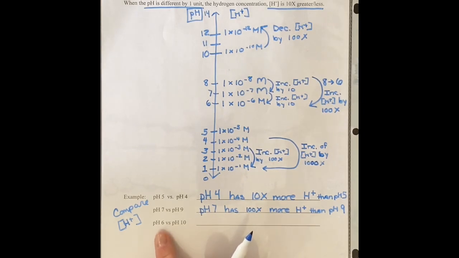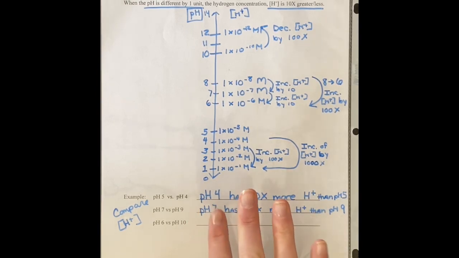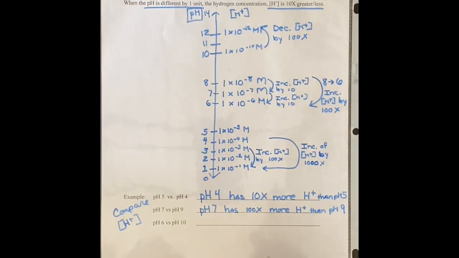All right, next I've got 6 versus 10. So 6, 7, 8, 9, 10. That's 4 jumps on the pH scale. So that's 4 multiples of 10. So a solution with a pH of 6 has, here we go, 1, 2, 3, 4, 10,000 times more hydrogen ions than something with a pH of 10.